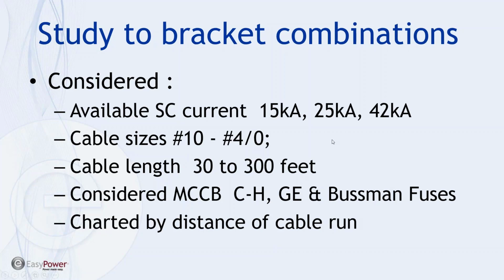And what we helped them to do was to set up a study that considered a worst case available short circuit current ranging from 15,000 amps to 42,000 amps, and then varying cable sizes ranging from a size 10 up to a 4/aught, and then charted the response or impedance, in this case from 30 feet to 300 feet for each of these combinations, and then look at, or at least consider, whether or not they were being supplied by a molded case circuit breaker or by fuses.